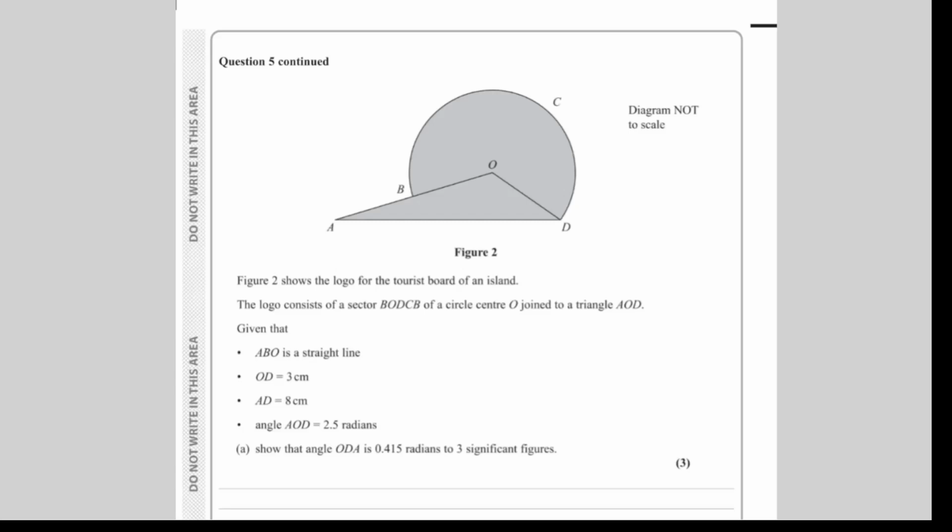Question 5. Figure 2 shows the logo for the tourist board of an island. The logo consists of a sector BODCB of a circle center O joined to a triangle AOD.